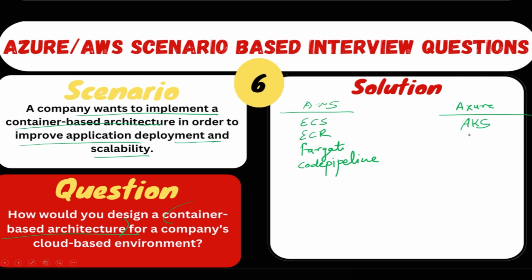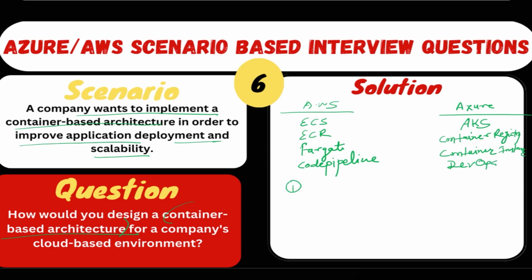If we talk about the services related to Kubernetes in AWS, we have the AWS ECS service, the AWS ECR service, the AWS Fargate service, and the AWS CodePipeline service that will help us build the DevOps pipeline. Similarly, in Azure we have the Azure Kubernetes Service, known as AKS. We have the Azure Container Registry service and Container Instances in Azure.